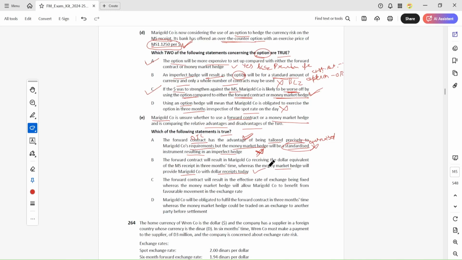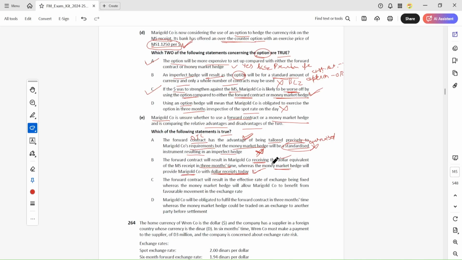Yes, this is correct, because in forward contract we receive dollar receipt in 3 months time, whereas in money market hedge we provide Marigold with dollar receipt today.